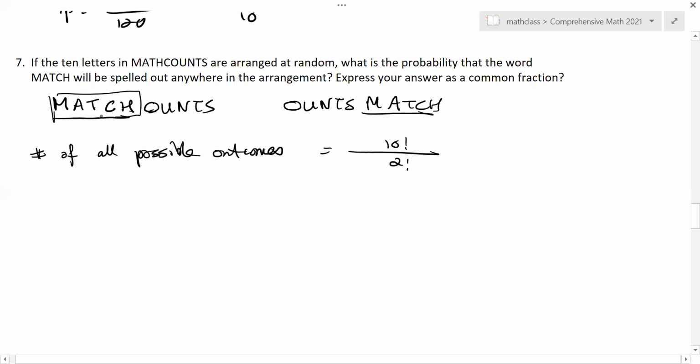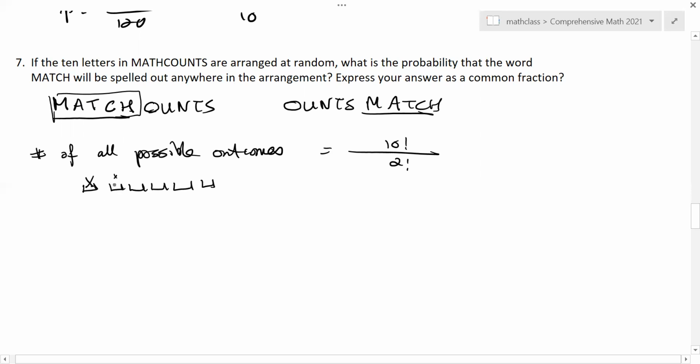Then you have to look at how many possible locations for MATCH. I think you have 6 positions you can choose, right? So this is the first position, second, 1, 2, 3, 4, 5. You can put it here, you can put it here, right?